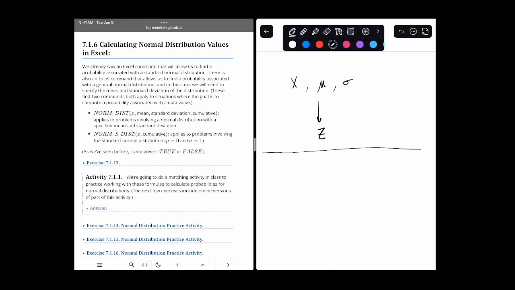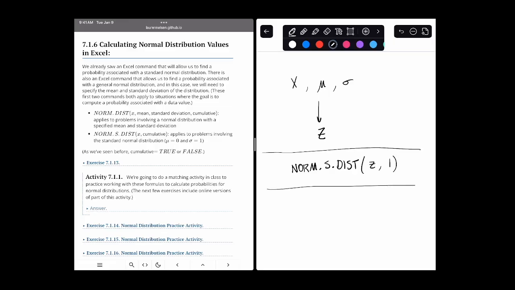When we were dealing with the standard normal, we used norm.s to indicate we had a standard normal, and then we did .dist to find probabilities, and we plugged in our z-value, or Excel calls it an x. I'm going to use z. And then we put cumulative as true.